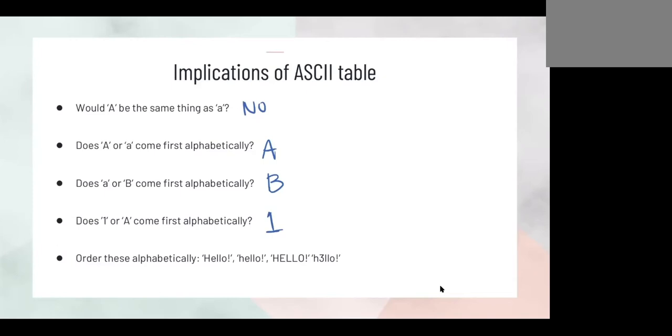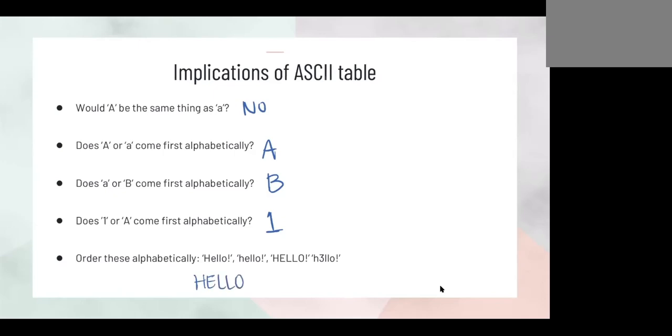capital H, hello, lowercase h, hello, and then all capitalized HELLO versus H3LLO, how would you order this? What would be the very first thing? Good, the very first thing should be hello.